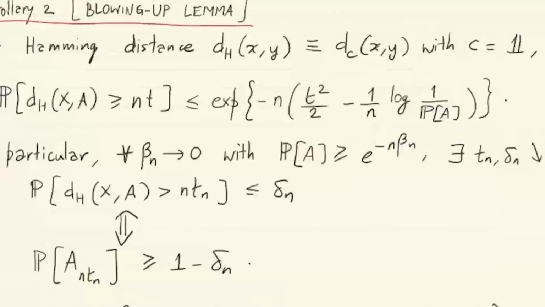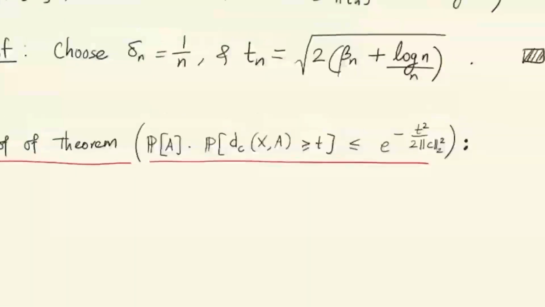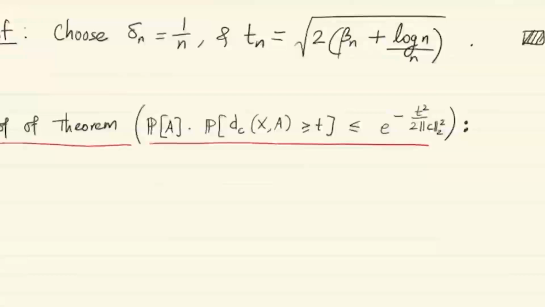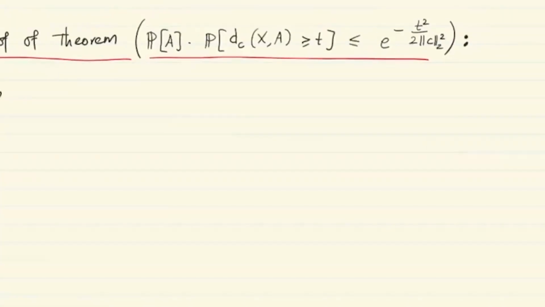So in the remainder of this lecture, we will go ahead and prove this theorem. Recall that we want to show the following inequality, where the measure P is a product measure in the overall metric probability space. Towards this, let's first show an intermediate result.